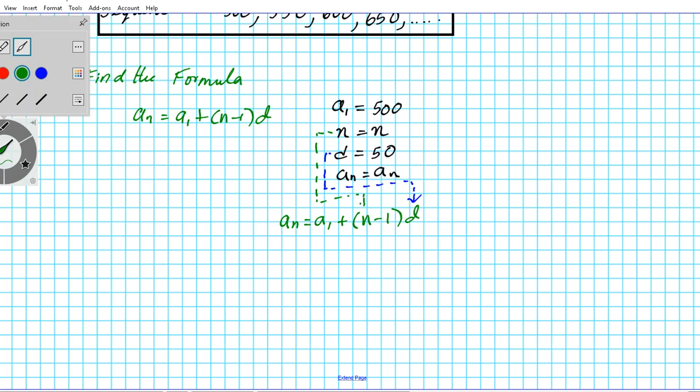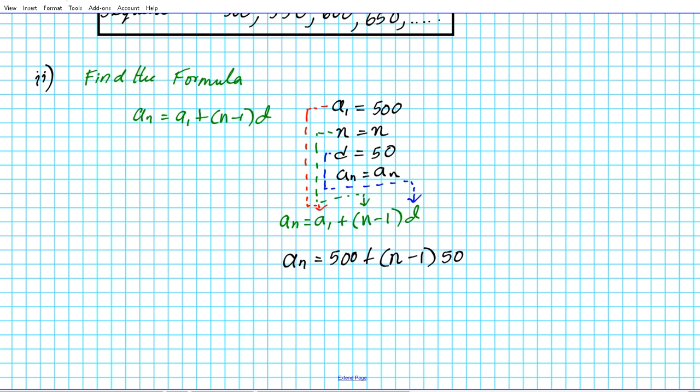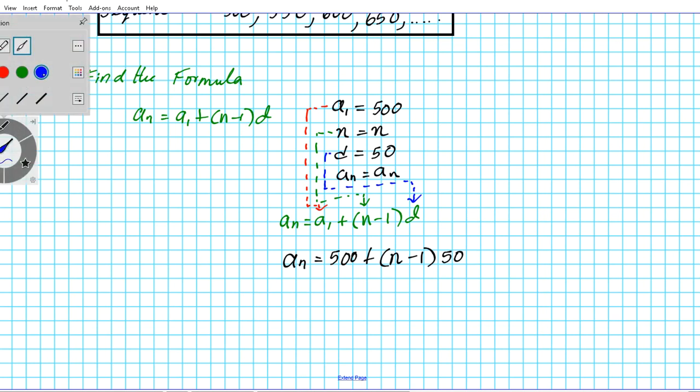It's not really plugging in, it's just the same thing, right? And then we have a1, which is 500. So we're going to have the equation an equals 500 plus n minus 1 times the common difference of 50. Okay, so now let's go ahead and simplify this completely.